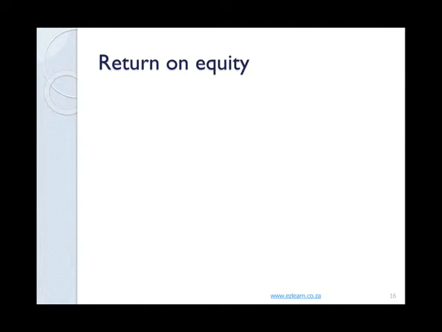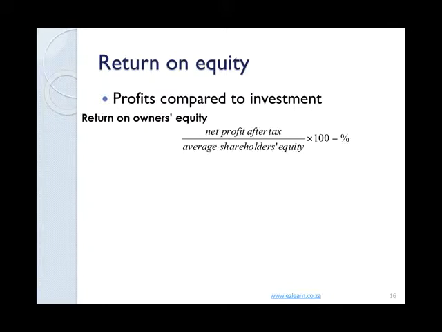The last section that we need to look at is return on equity. In other words, what are the owners getting out of the business? We want to compare the profits of the business to the investment of the owners. The first one is the return on owners' equity, just like you calculated many years ago. In our case, for a company, however, we need to take into account the fact that the company has paid tax and the owners are not entitled to profit before tax.